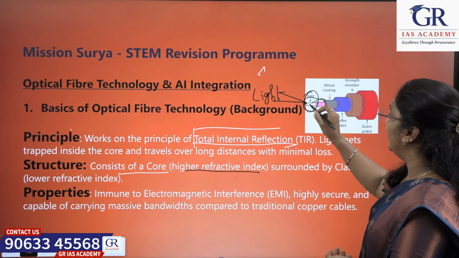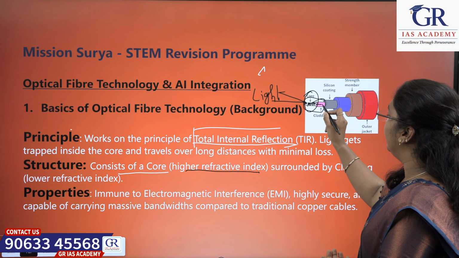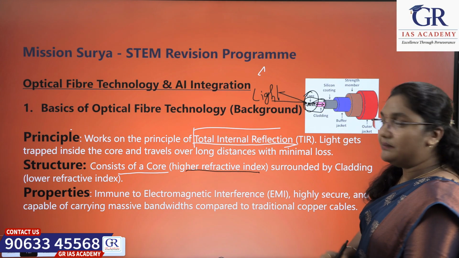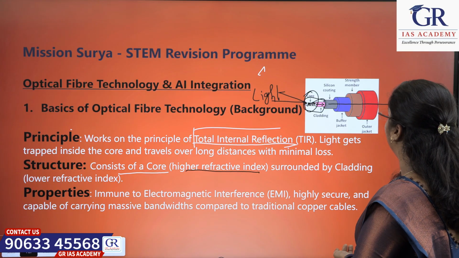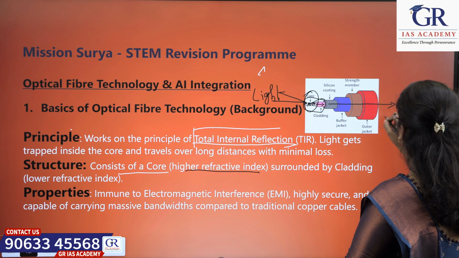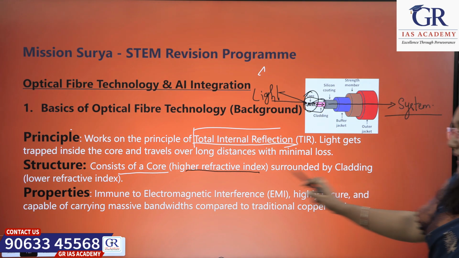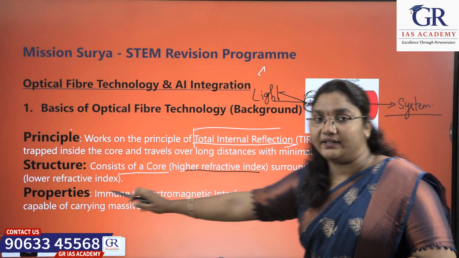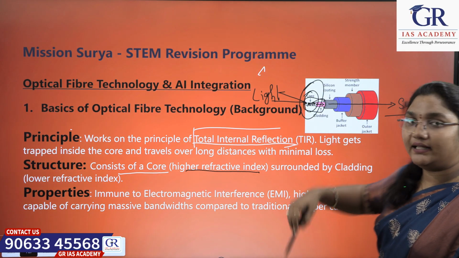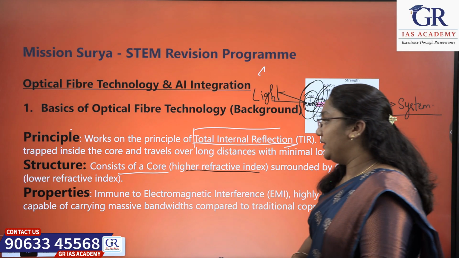After entering the core, the light transmits to the cladding portion. From the cladding, it transmits out to the system. The cladding has a lower refractive index. This core part has the higher refractive index and the cladding part has the lower refractive index.